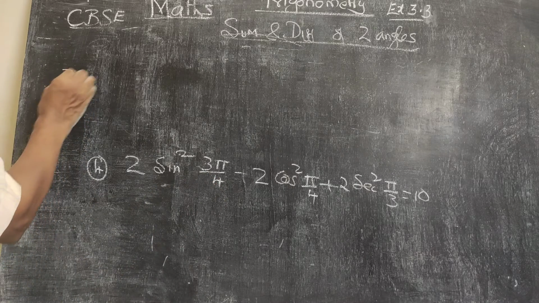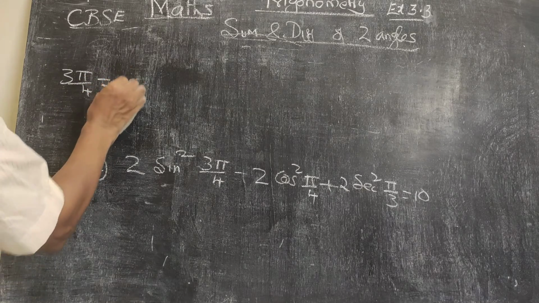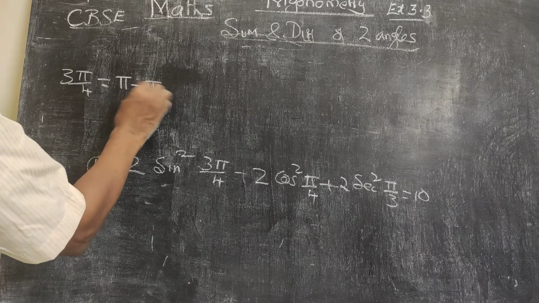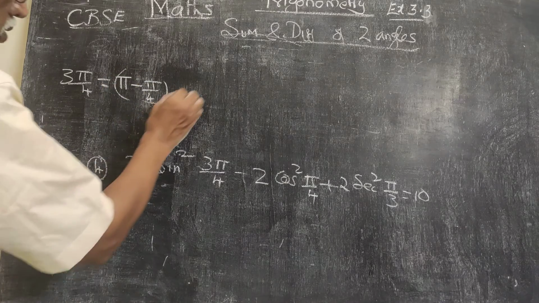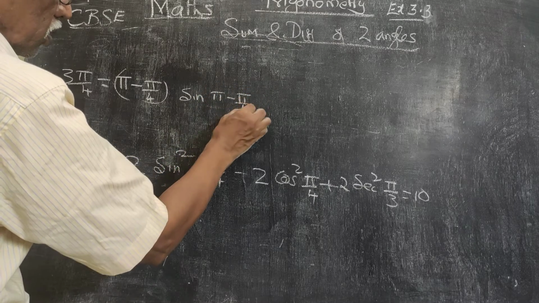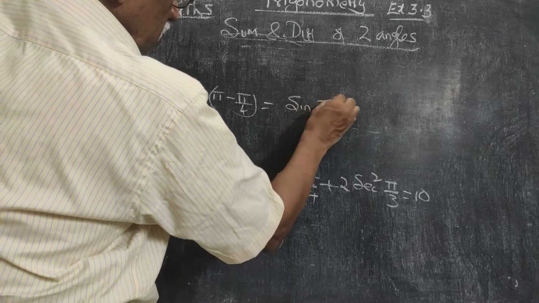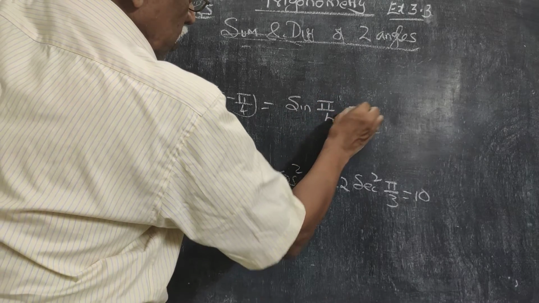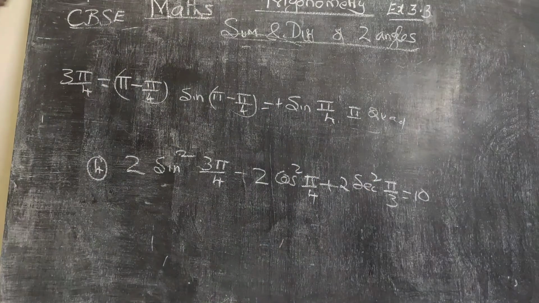Pi by 4. So this is pi minus pi by 4, that is 4 pi minus pi. So sin of pi minus pi by 4 is sin pi by 4, and in the second quadrant, pi minus something, therefore plus.